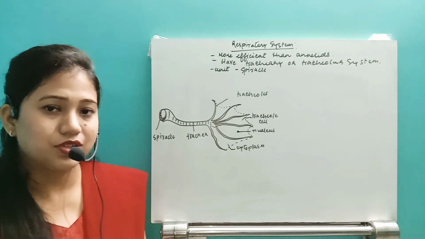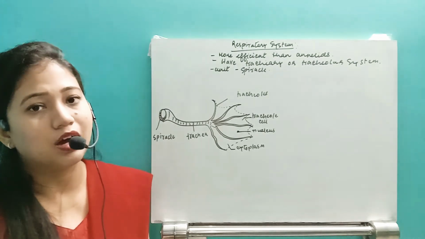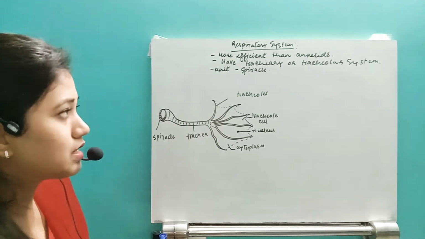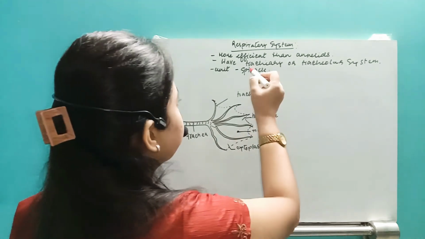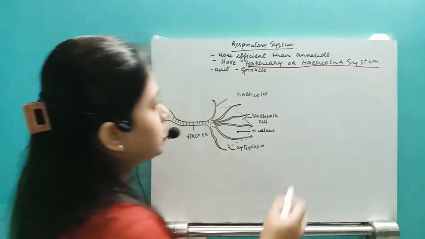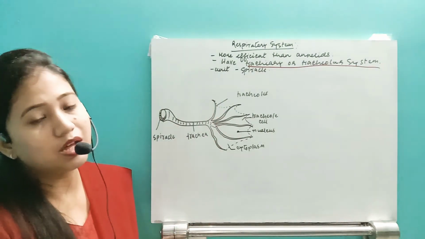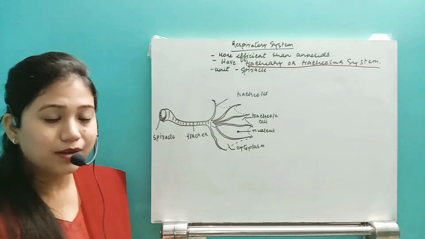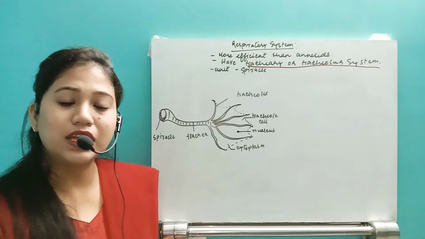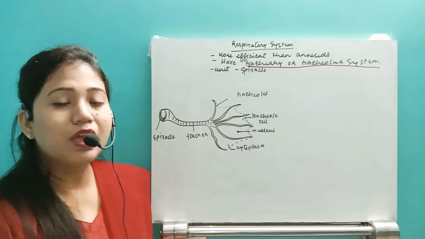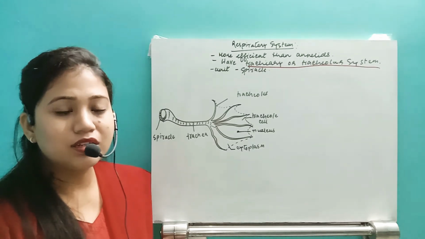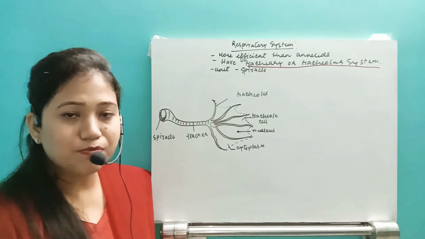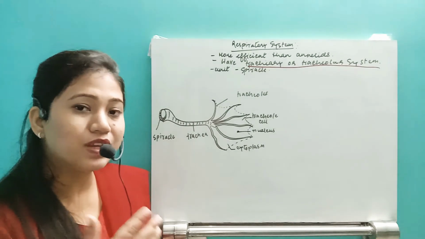The respiratory system is made up of a complete system called the tracheary or tracheolar system. Remember, the trachea is present inside the body, and one point you have to know is that in this organism there is no intermediate circulatory pigment to transport the oxygen.